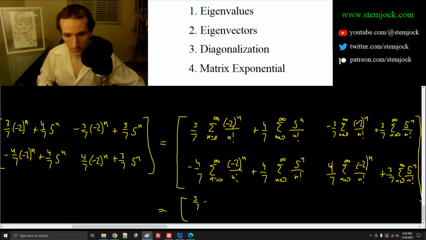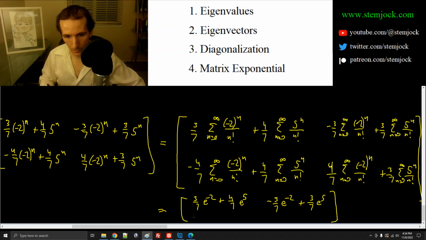Okay, so this here is going to be 3/7 times e to the negative 2 plus 4/7 e to the 5. That's for the top left, and for the top right, we have negative 3/7 e to the power of negative 2 plus 3/7 e to the power of 5.